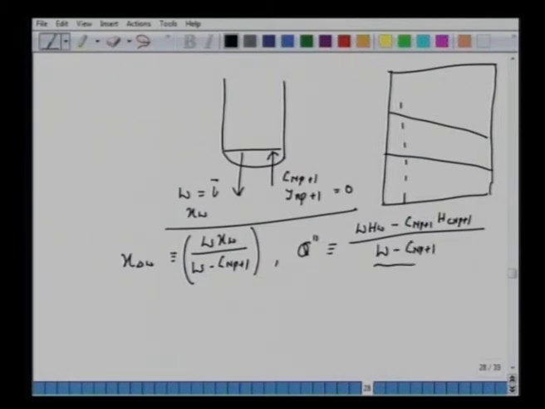So look at the difference. We said that bottom W earlier was the difference of L(np) minus G(np+1). But now we have the net molar flow rate as W minus G(np+1) because we have this pure steam here.